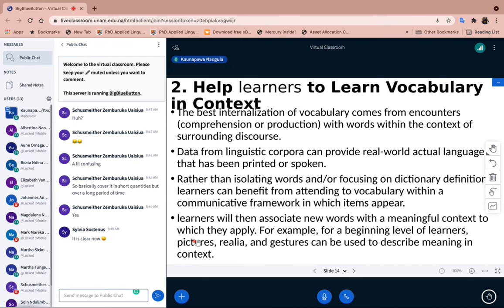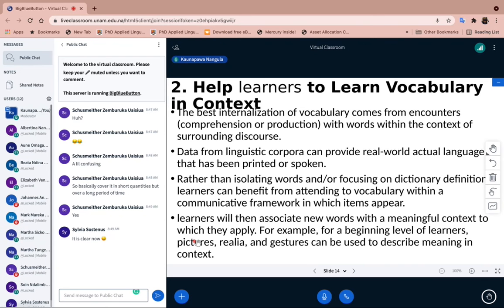All right, and then for example, for beginning level learners, pictures, realia, and gestures can be used to describe the meaning in context. All right, because if you get into a class with multilingual learners, it might be difficult for you to use one native language.